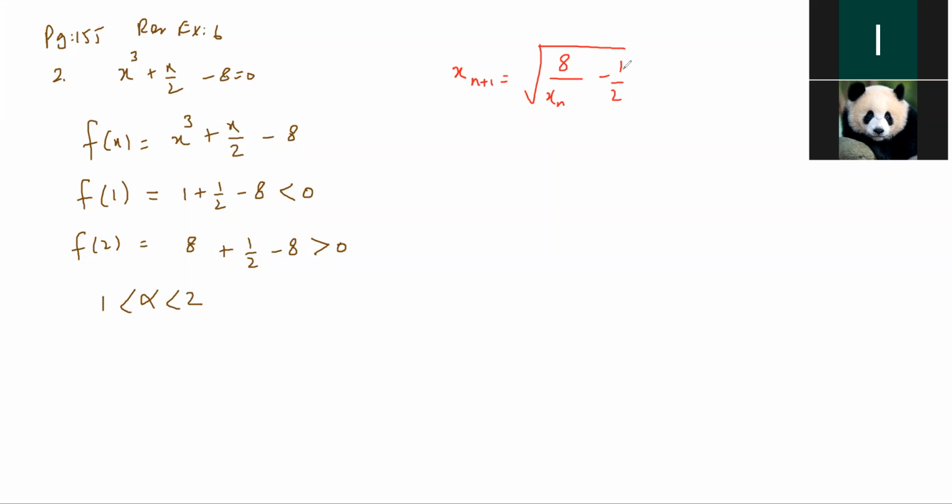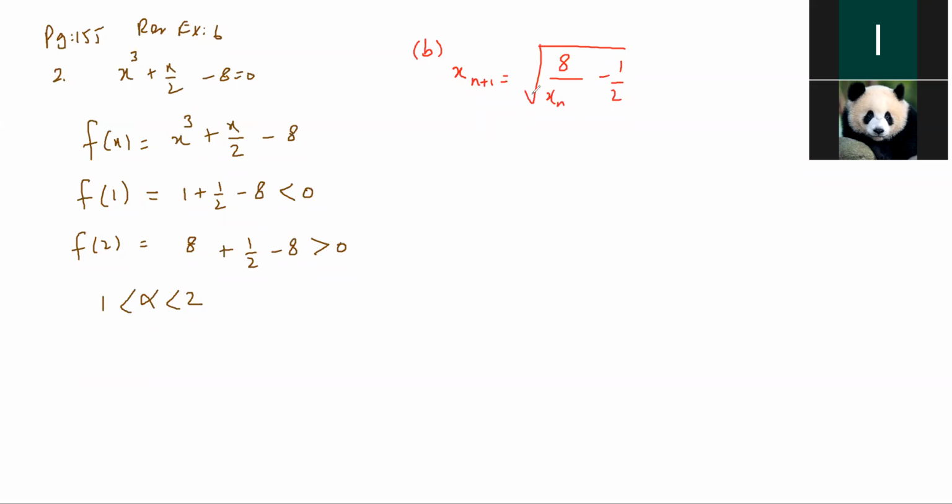Like it says that this iterative formula gives us the value of alpha. So how can we show that this will give us alpha? Any idea? How to show that this iterative formula is going to give the root of this equation, which is alpha?